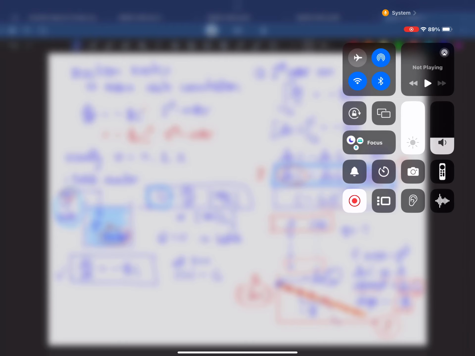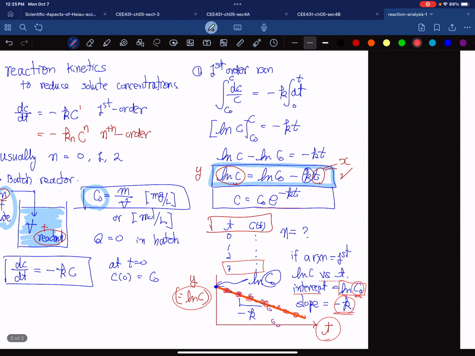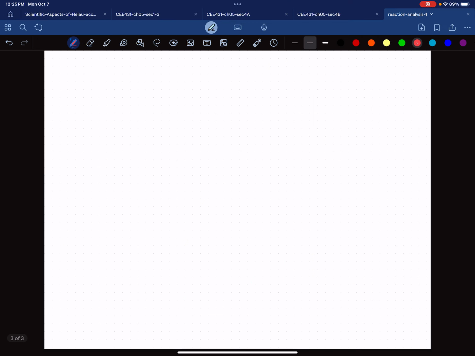Okay, the next one is number 2, zeroth order. Again, the general representation is dC over dt equals negative k_n C to the power of n. For zeroth order, n equals 0.